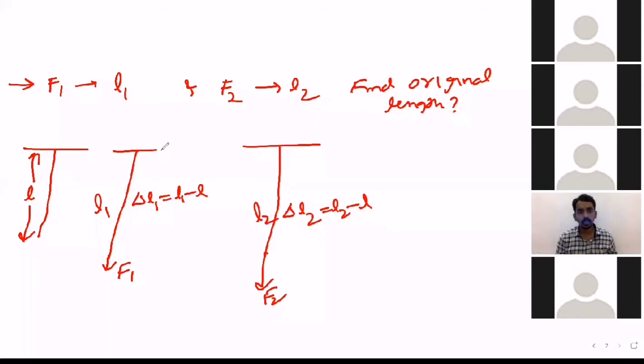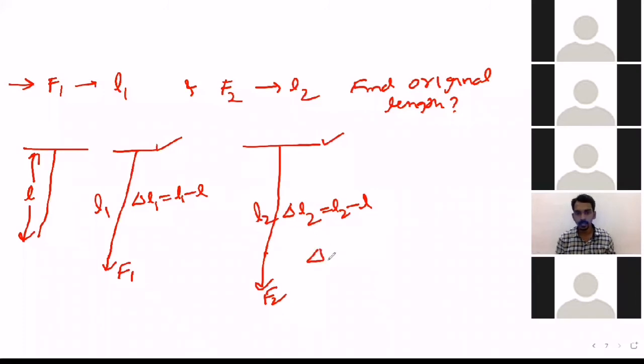Now, this is delta L1 in the first case when force F1 is applied. This is L2 when force F2 is applied, the second situation. In both cases, we are using the same wire, so Young's modulus is the same.